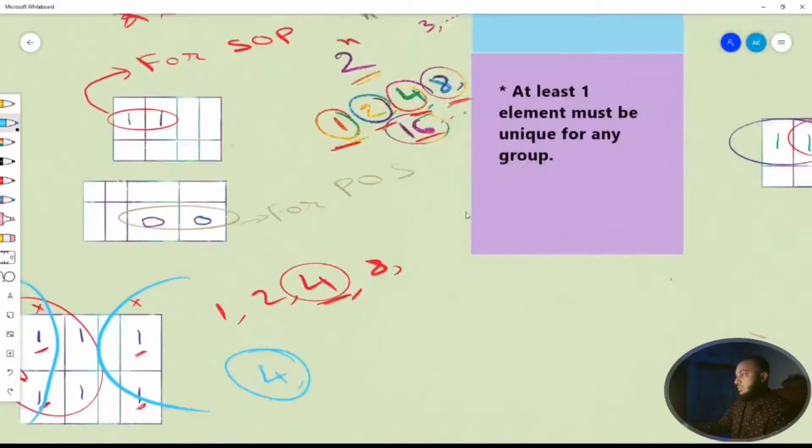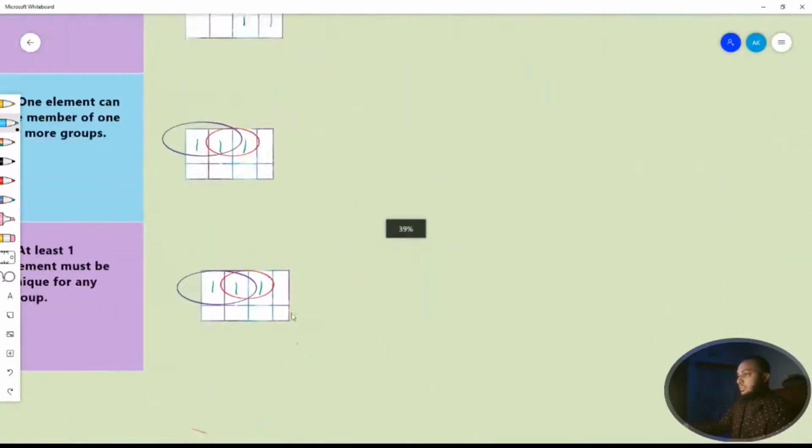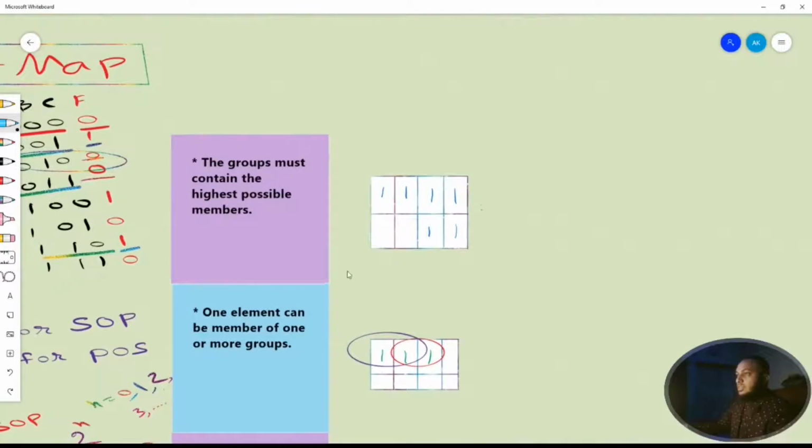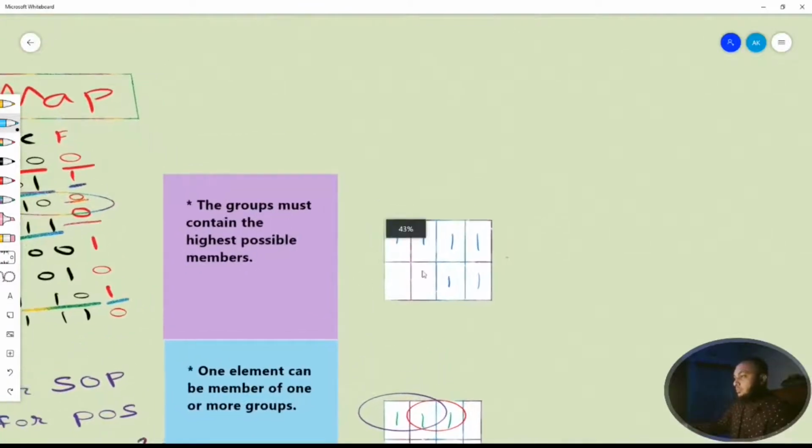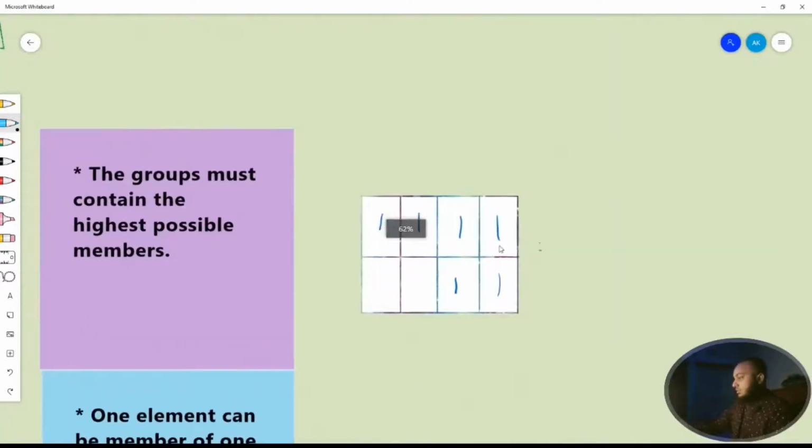Then let's go to the next point. The groups must contain the highest possible members. We know that we can have group members like 1, 2, 4, 8 etc. If there is a case where we can have 2 members in a group or 4 members in a group, we must form the group having 4 members.